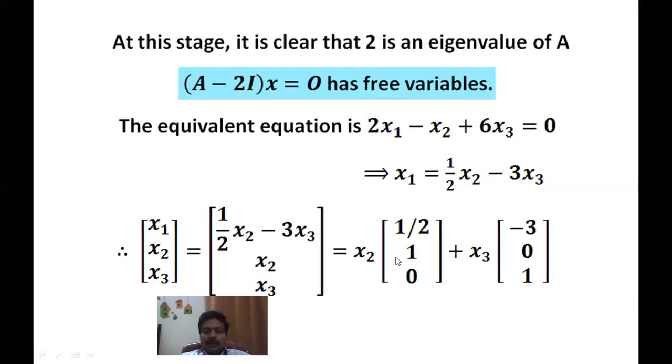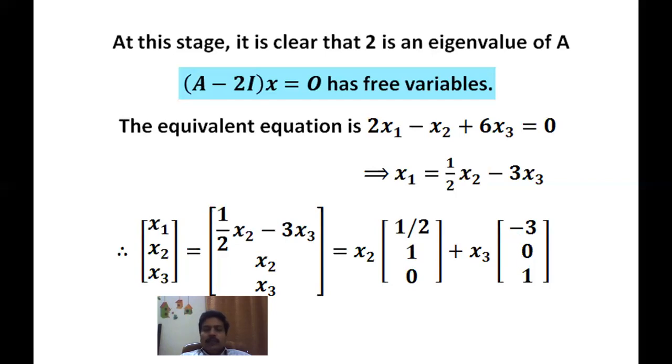Here, this is in the form of C1 V1 plus C2 V2, where these are scalars. Instead of C1 and C2, we have x2 and x3. So it is a linear combination of these two vectors. We can also observe that these two are linearly independent, since one is not a multiple of the other.